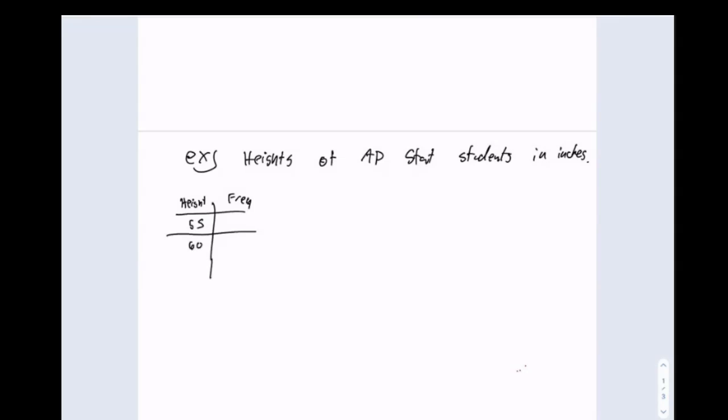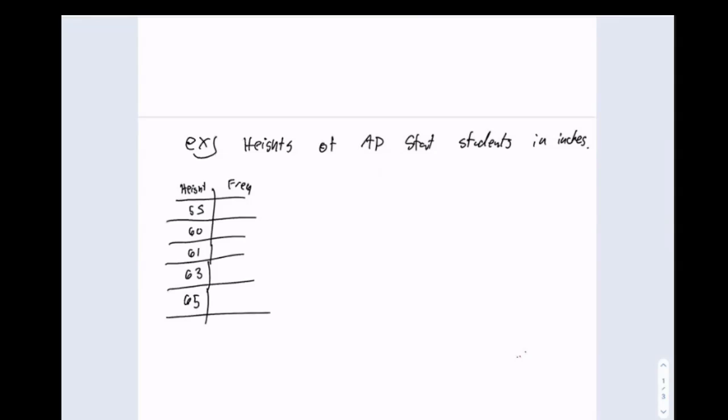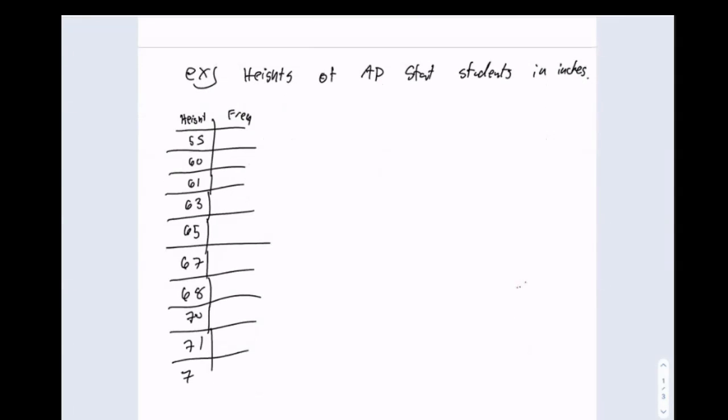We have a little shorty at 55, then 60, 61, 63, 65, 67, 68, 70, 71, 74, and 80. We have somebody that's really tall.